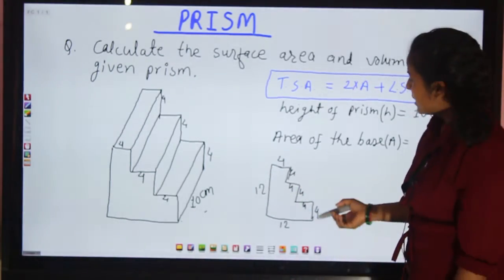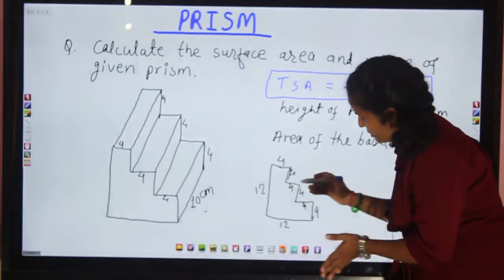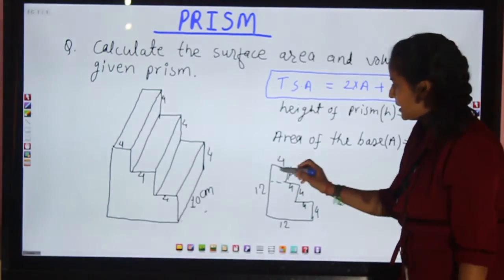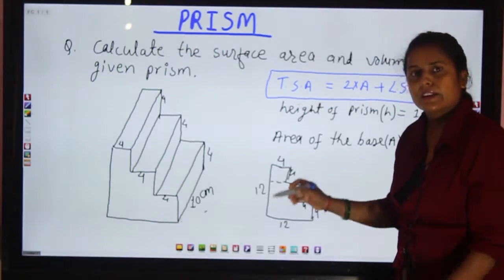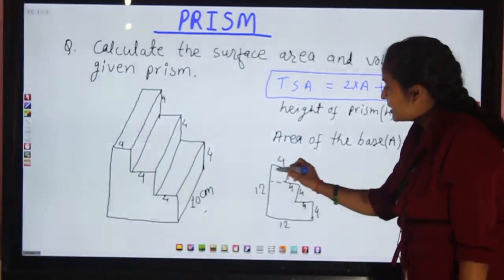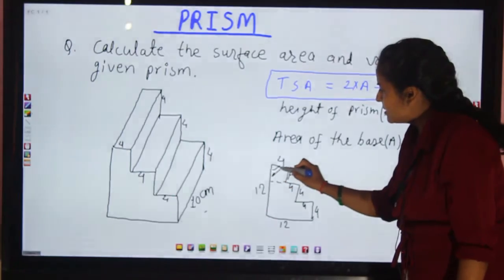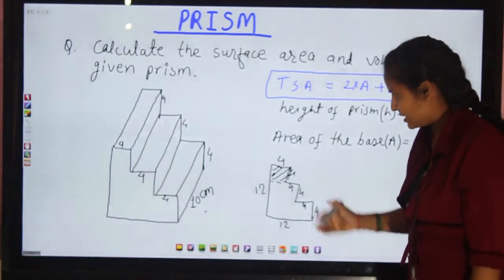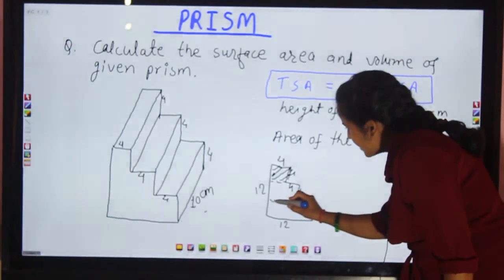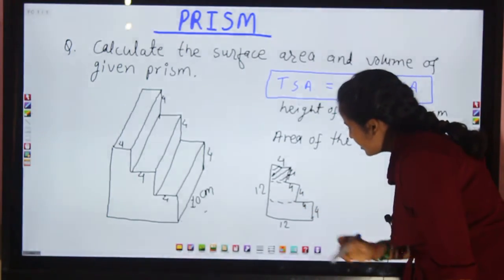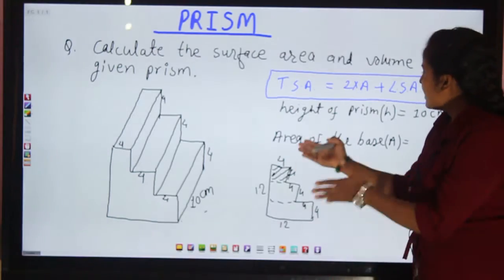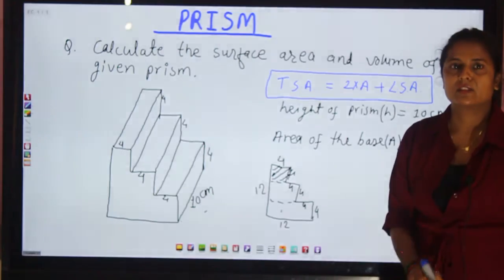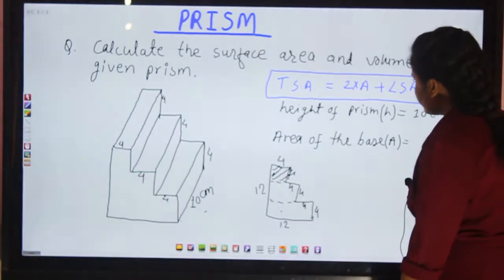Then let us divide it into rectangular parts. This is one rectangle or square. Then we can calculate this area easily: length into breadth, or L square. And again we can make another rectangle by drawing a line. Then to find the area of the base we have to add these 3 areas separately.